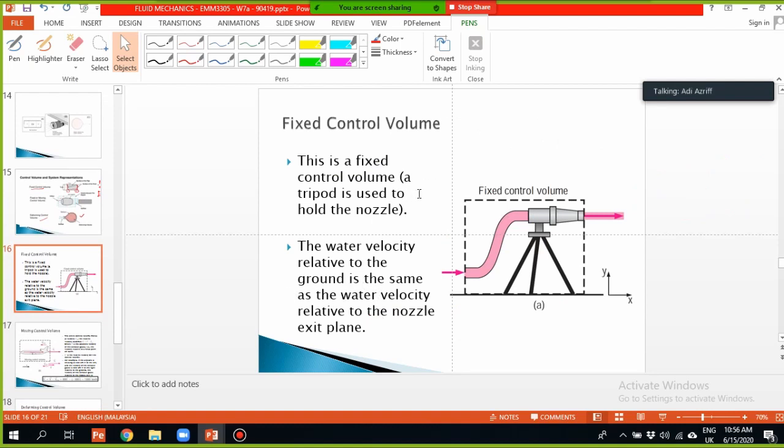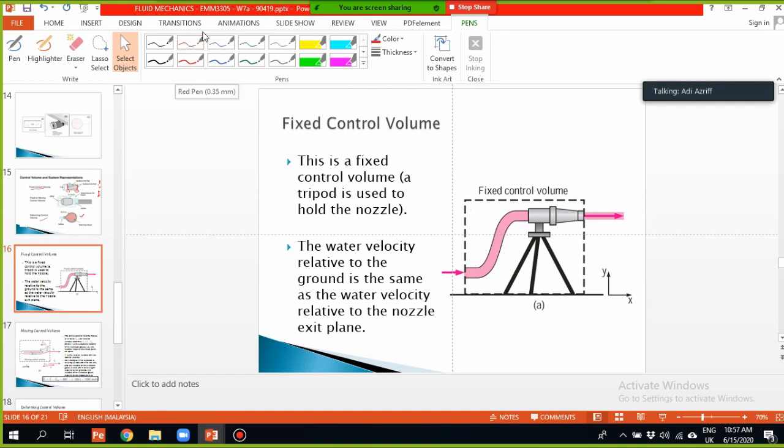This is an example of a fixed control volume. A tripod is used to hold the nozzle. Now we want to calculate this area, so we need to determine our control volume. In this case, the control volume will be from here until here, and the rest we can ignore. We just focus on here.